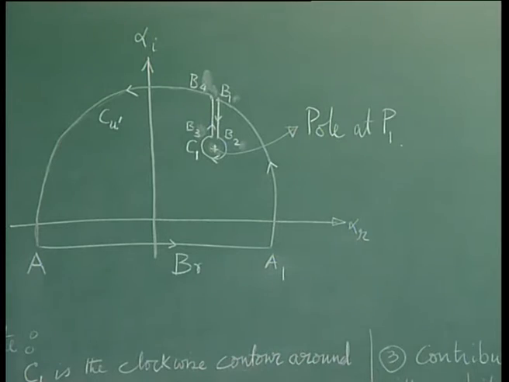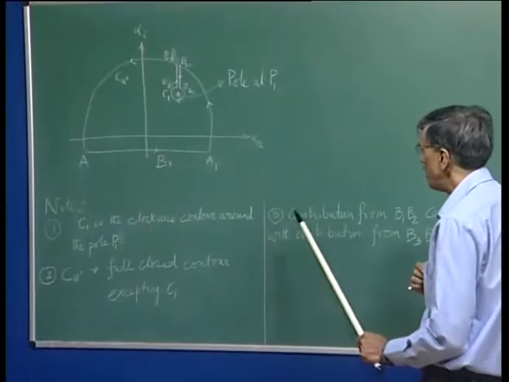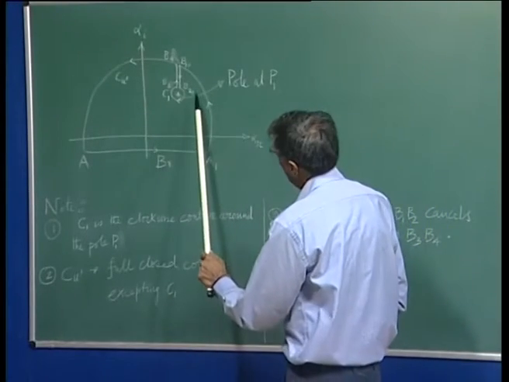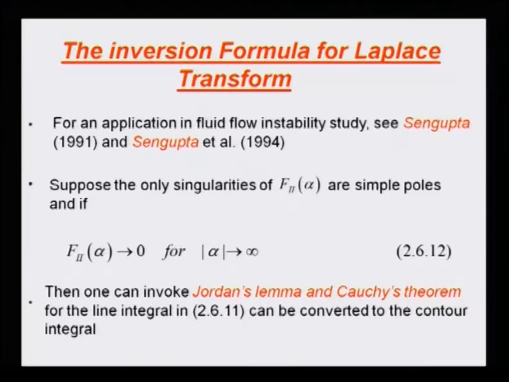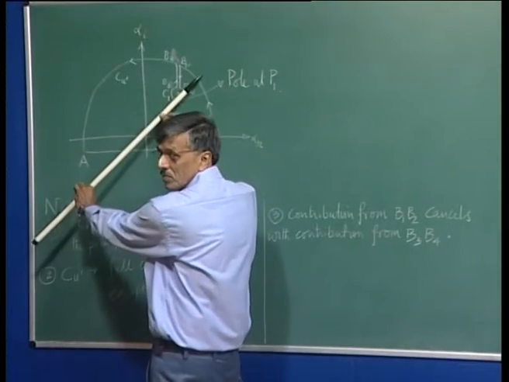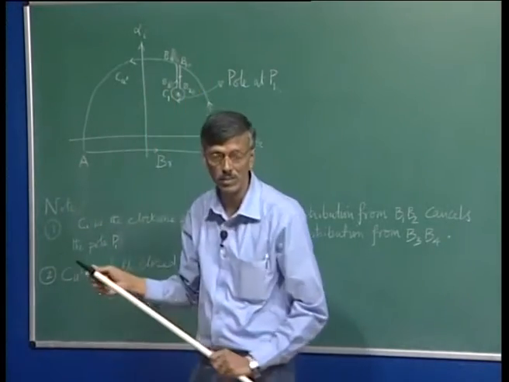So, what we are saying then, that if we go to alpha equal to infinity, what does this mean? Alpha is a complex quantity, right. So, its modulus going to infinity means what? It is like a radial vector with the radius going to infinity.